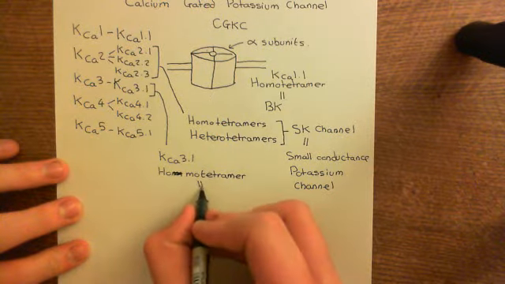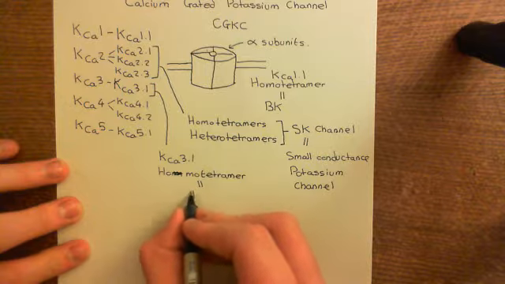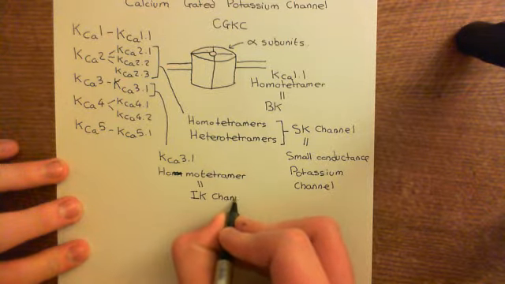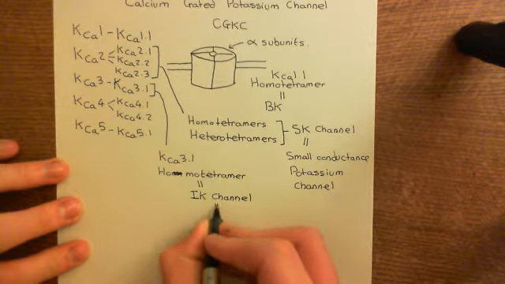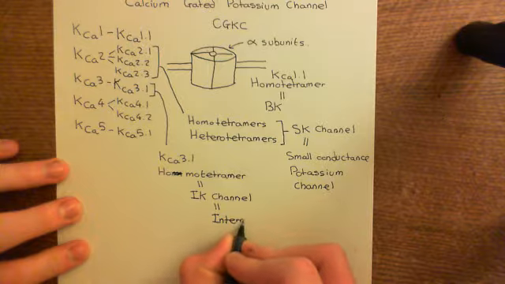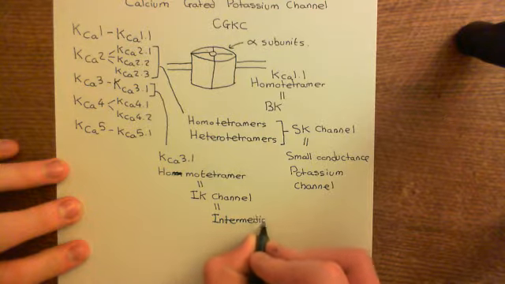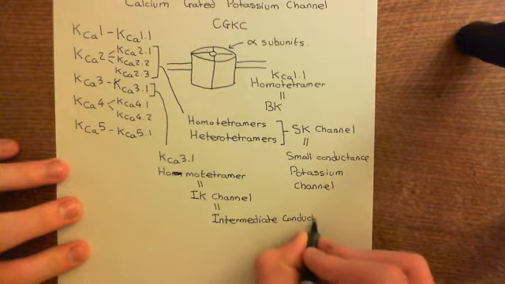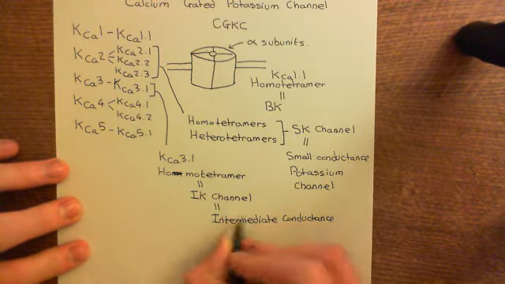And this KCa 3.1 homotetramer is what's known as the IK channel, the intermediate conductance potassium channel. The I stands for intermediate conductance, the K stands for potassium, and then on the end we've got channel.